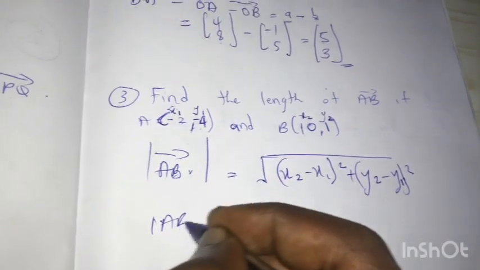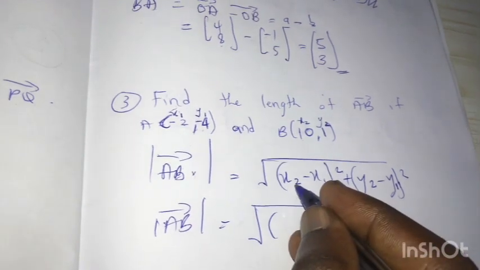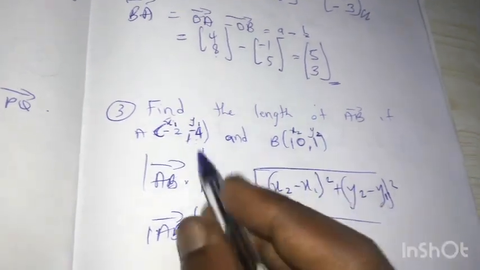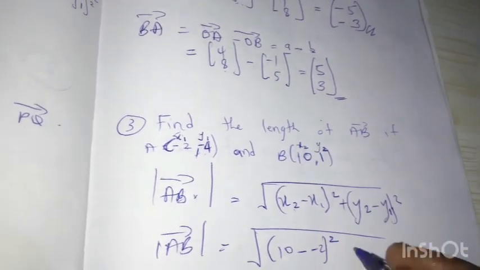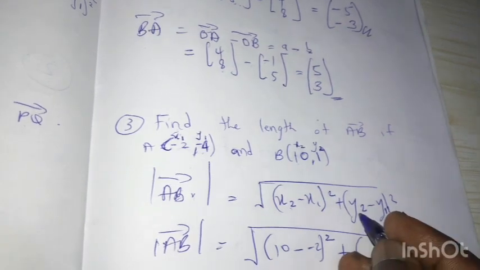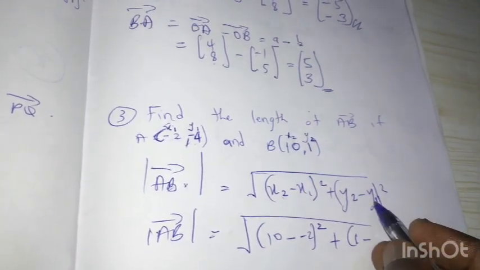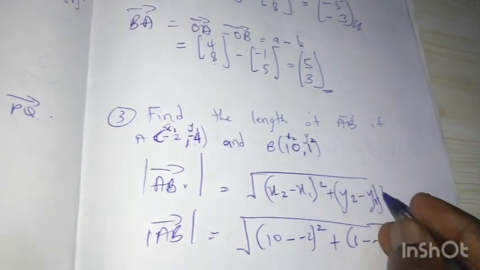So the length of AB is the square root of x2, which is 10, minus x1, which is -2, all squared, plus y2, which is 1, minus y1, which is -4, or also what?